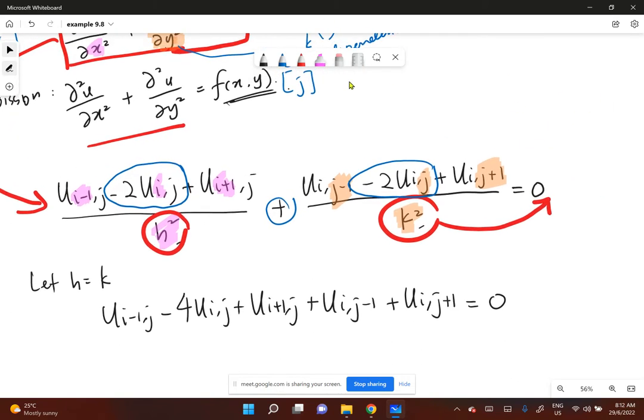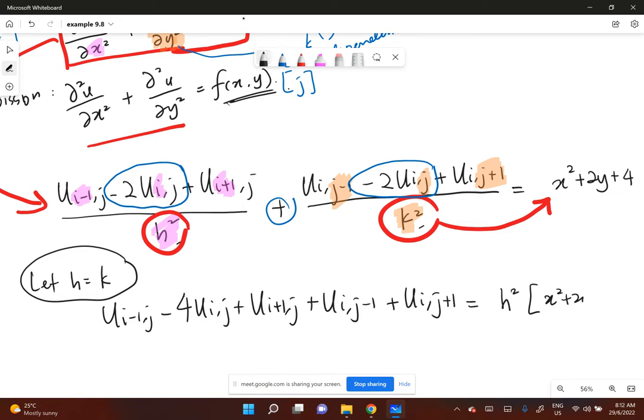Let's say this is Poisson, so this is some value, let's say f of x, y. When I bring it to the right, it becomes h square times, for example, x square plus 2y plus 4.